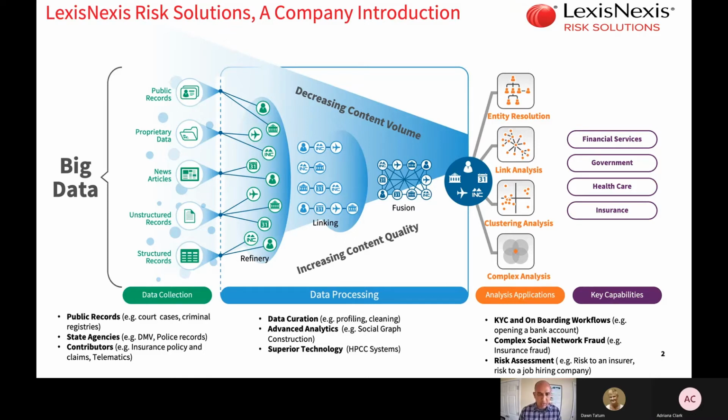We go out and collect data on the left-hand side from multiple sources across the industry. Public records is a great example, where you're talking about court records or criminal registries. We're talking about state agencies hosting driver's records or police records. We're also talking about contributors like insurance companies that provide policy, claims and telematics information.